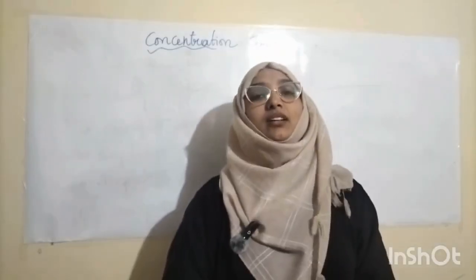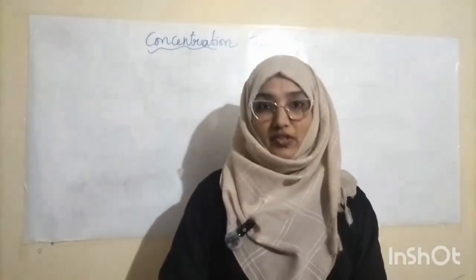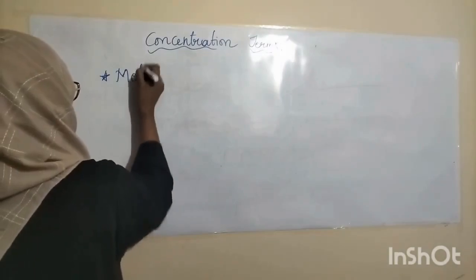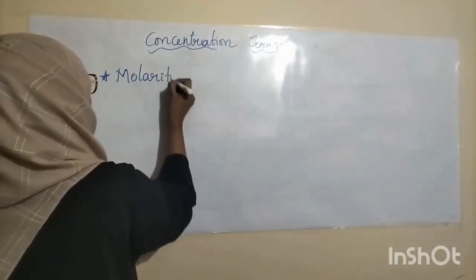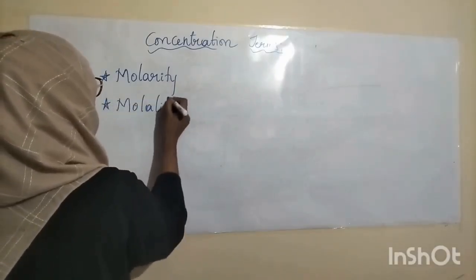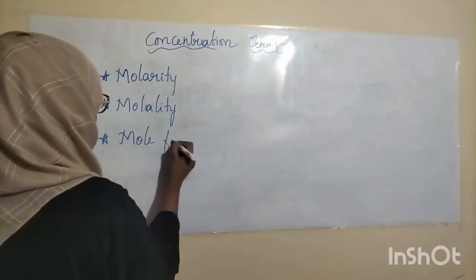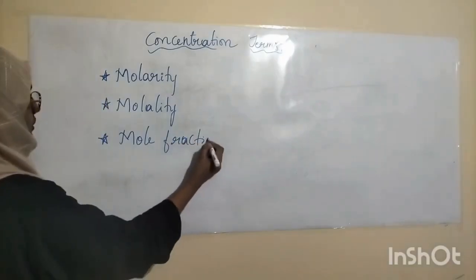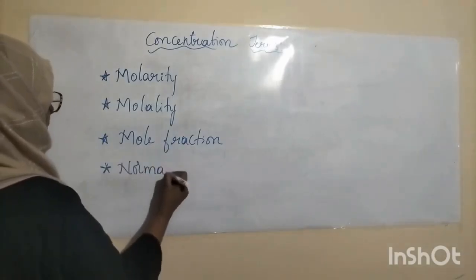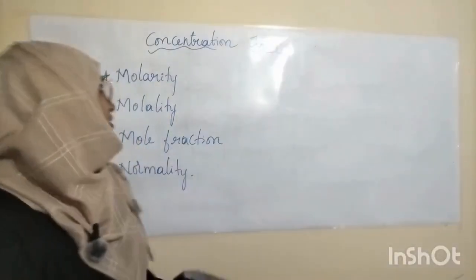Basically, the concentration terms are 4, and those 4 concentration terms, the very first one is molarity, molality, mole fraction, and normality. So let's learn them one after the other.